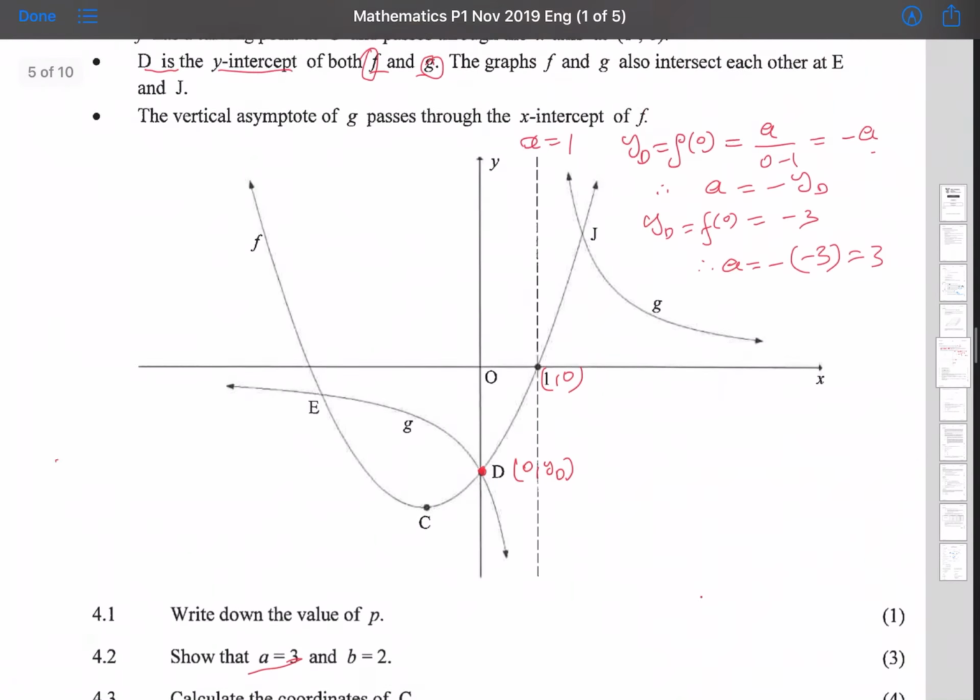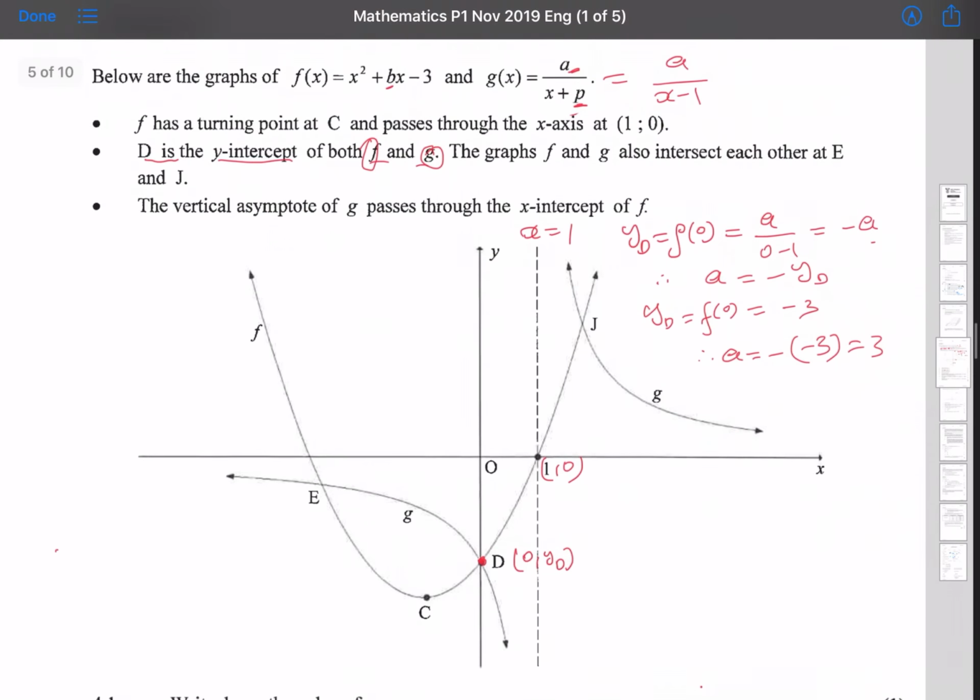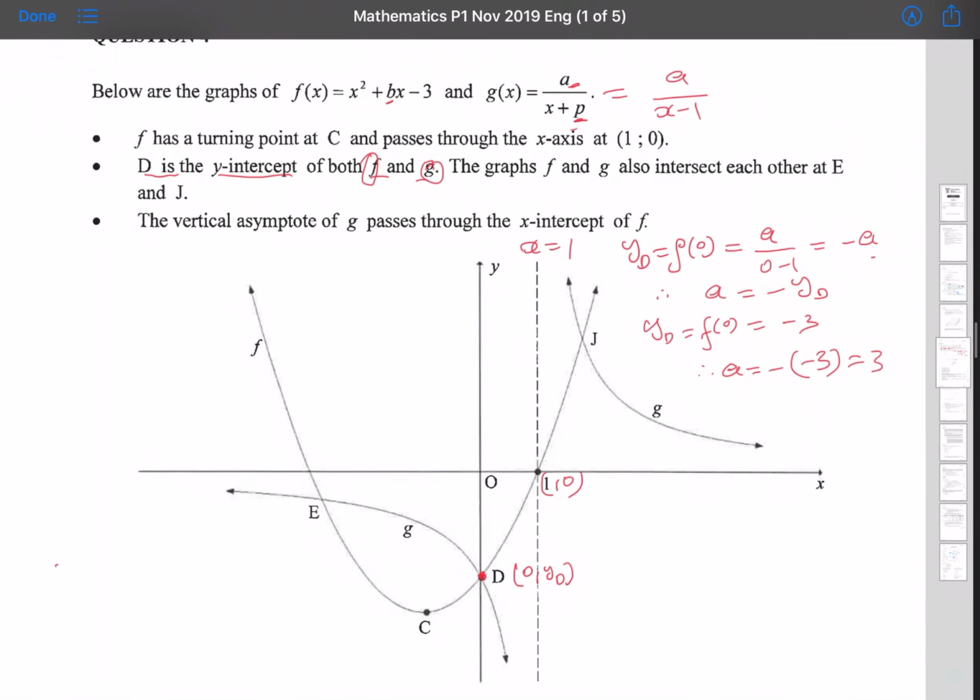Okay. And let's find that b is equal to 2. So this is b here, and b is equal to 2. Well, observe that f has an x-intercept 1, 0. So let's substitute 1 and 0. Where there's x, put 1, where there's y, put 0.